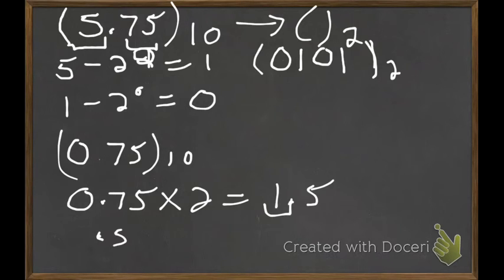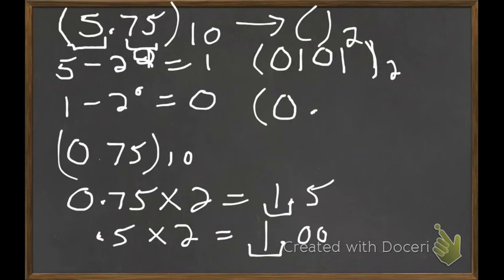Then we do 0.5 times 2, which equals 1.0, so there'll be a 1 here. So the binary representation for 0.75 is going to be 0.11. You can just combine these results and it'll give you the representation for 5.75.